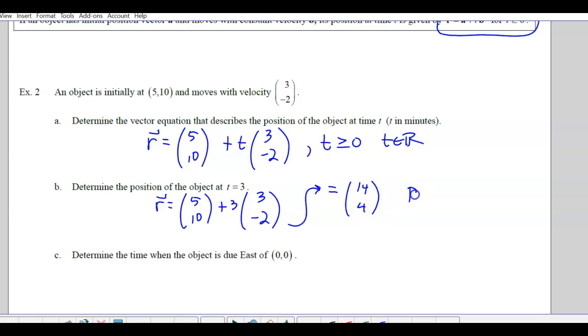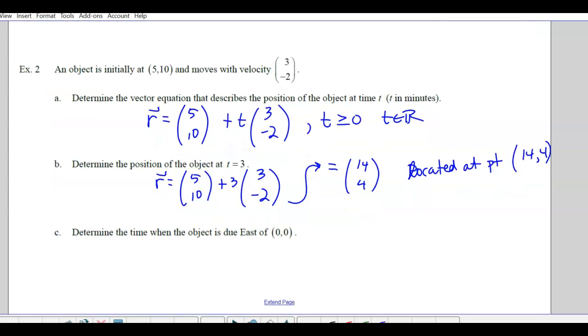So, okay, so the position vector is (14, 4). As a point, you show it in coordinate form, (14, 4). I would accept either one there for the same position.